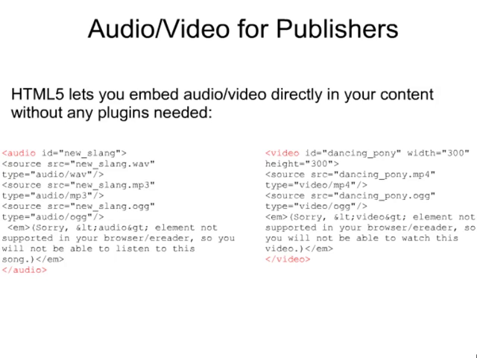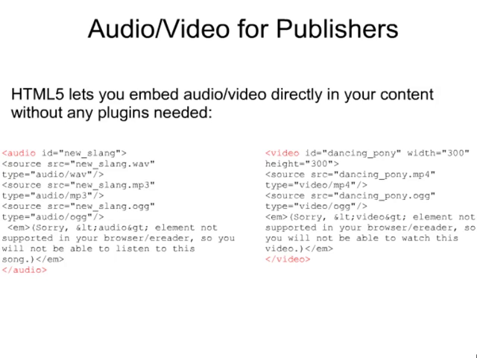For example, for audio, it's simply an audio tag that has inside of its contents a bunch of source tags that supply the actual audio files in different formats. For the video tag, again, it's a really simple tag. And one addition for video is that you can specify width and height attributes that let you specify the dimensions of your video.